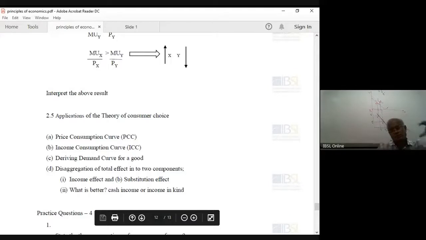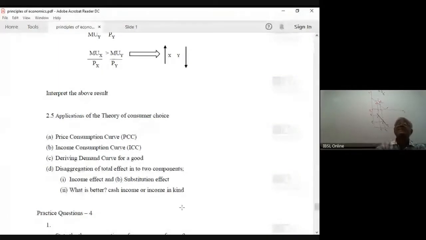Now, when the price of X decreases, PY constant, income constant, what will happen? The consumer will be richer than earlier. His real income increases. As a result, he increases the consumption of X. That is called the income effect.